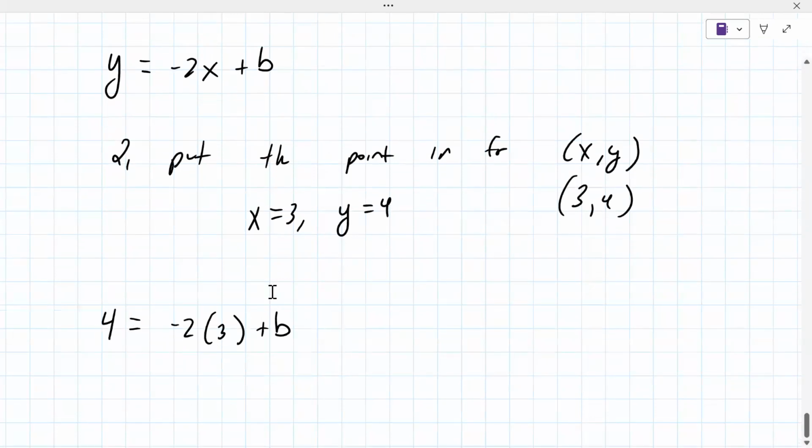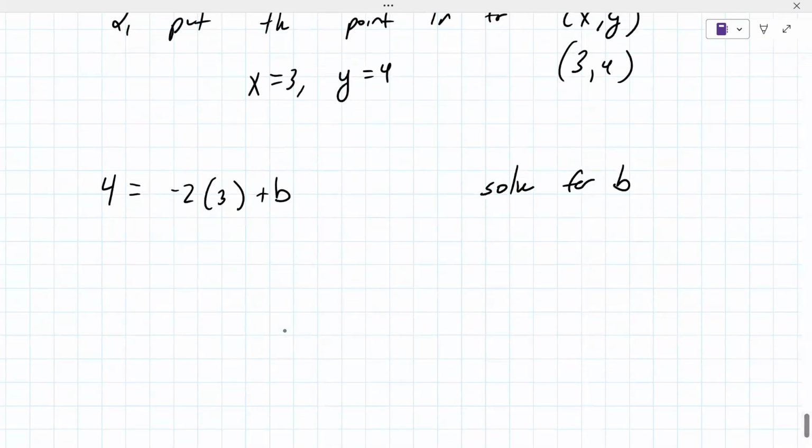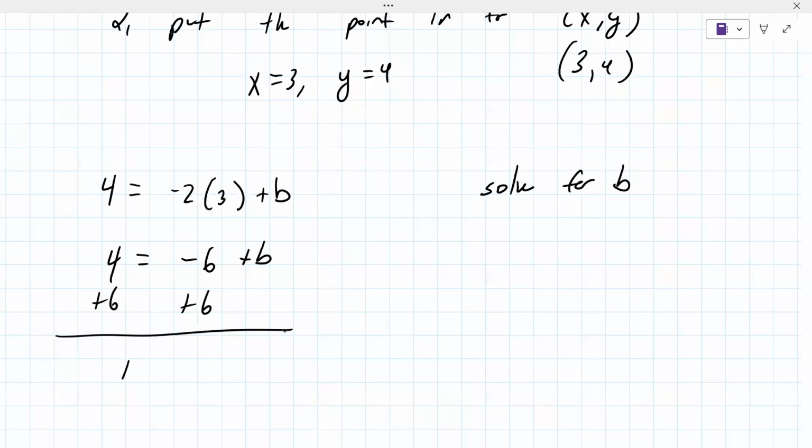How many variables are in this equation? One, or one letter. So you then solve for b. So 4 equals -6 plus b. Add 6 to both sides. 10 equals b. Now you're not done.